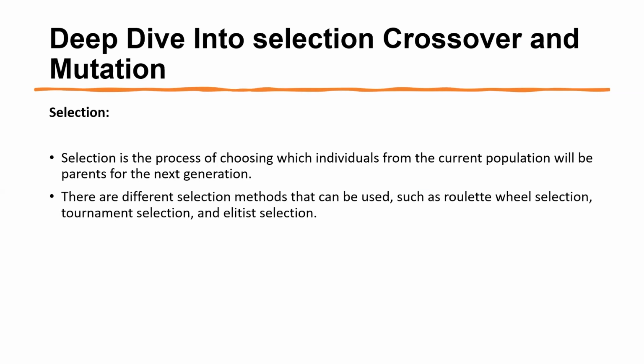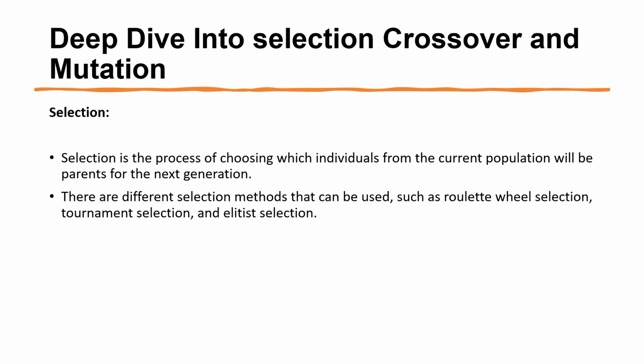Why do I say that this process of selection, crossover, and mutation is important? Because these are the three very critical things which determine the genetic algorithms. Genetic algorithms are very sensitive towards hyperparameters.